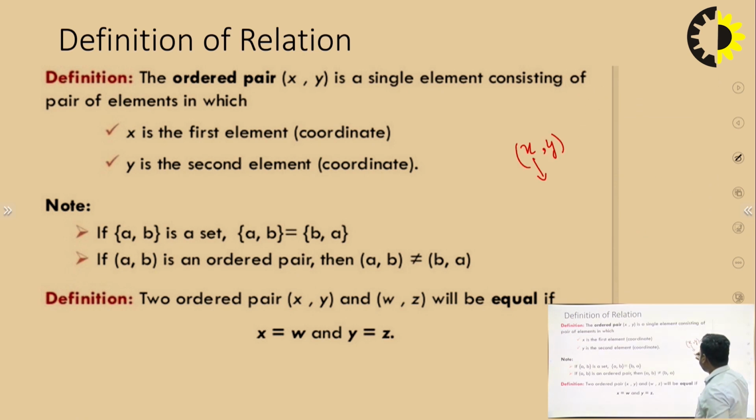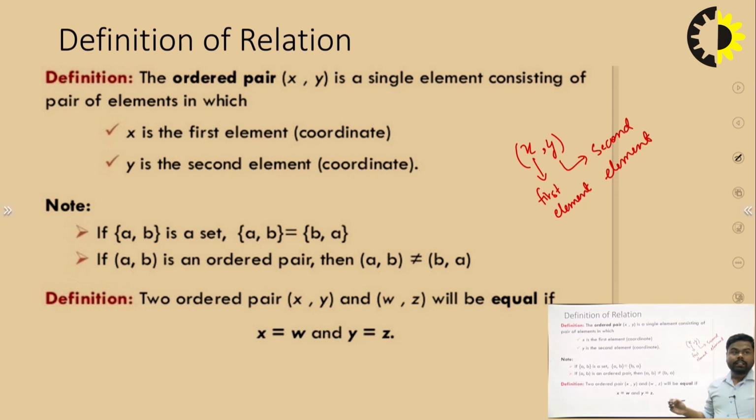This is the first element, and this is the second element. So in relation, I am telling that the ordered pair xy is a single element consisting of a pair of elements.